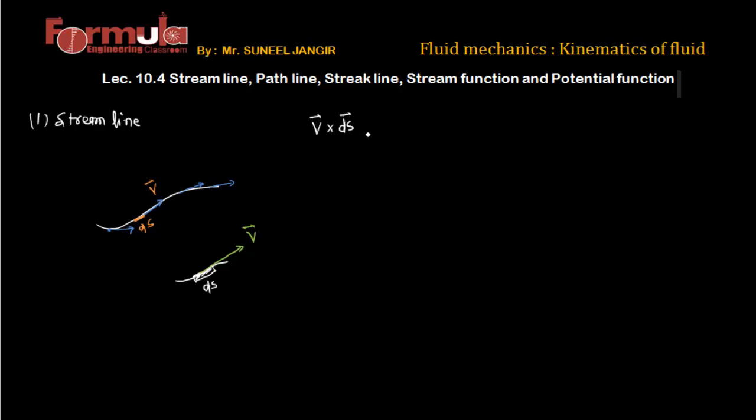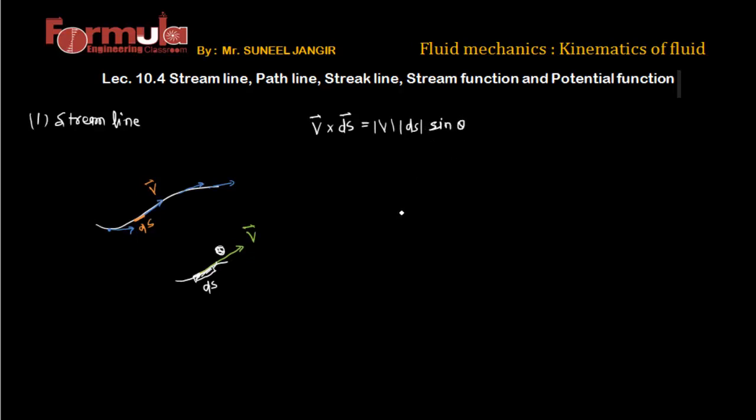When we are doing the cross product, we can write this as the magnitude of v multiplied by the magnitude of ds, and the angle between these two, between ds and v, we say theta, so this is sine theta.